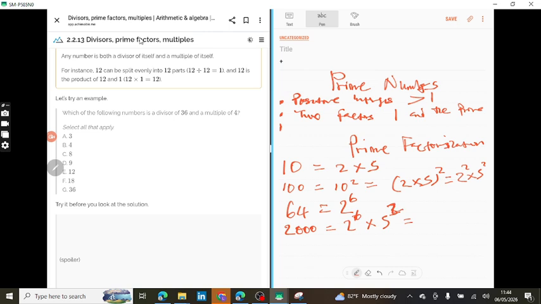Okay, what we have said here now, if we implement it, is going to be 2 raised to the power 6, right? Can you work out 2 raised to the power 6? Power 4. So 64 times 25.